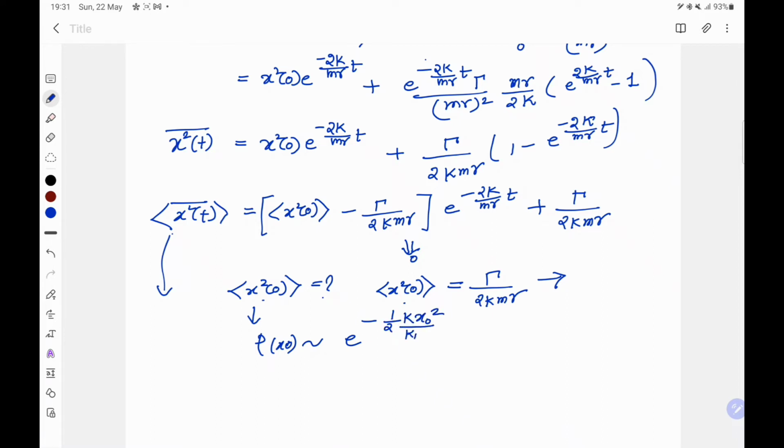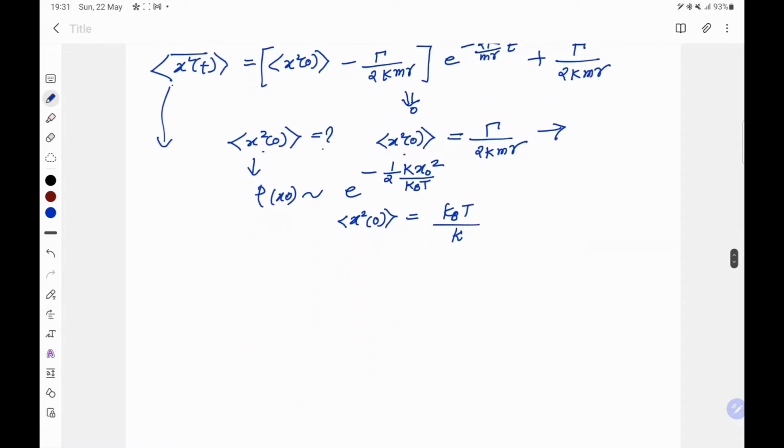over kbT. And if you take the average, then you will get that x0 square is actually kbT over k. And from the equipartition theorem also we can say that, so the equipartition theorem says that each quadratic degree of freedom, if it is in thermal equilibrium, has energy of half kbT.